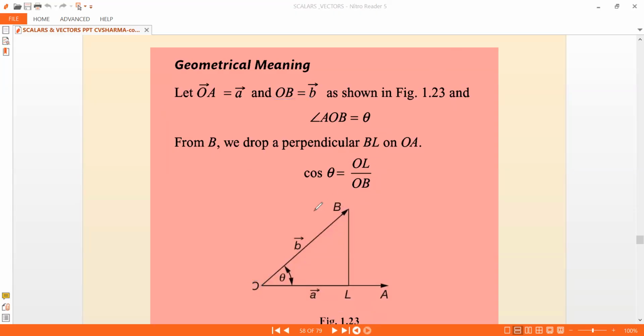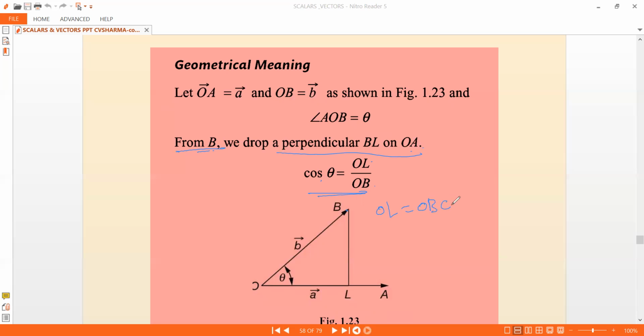Now what is cos theta here? How do you find it? From the point B, you drop a perpendicular onto the vector OA bar. BL is the perpendicular, and you construct a right angle triangle. Cos theta is OL by OB, so OL is OB times cos theta.